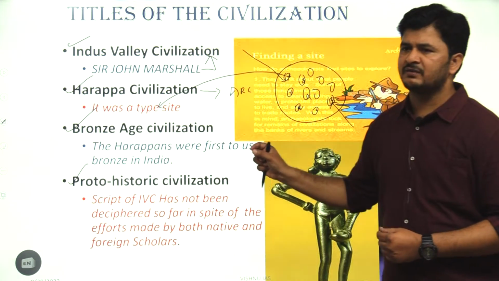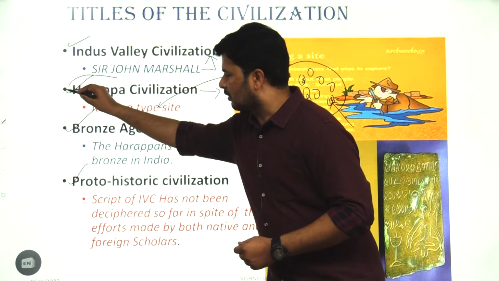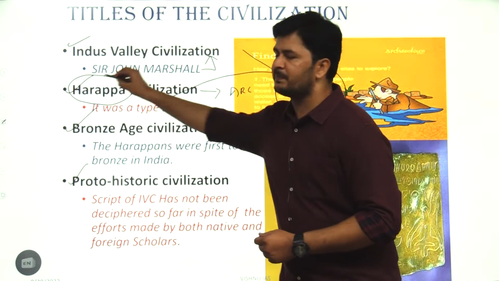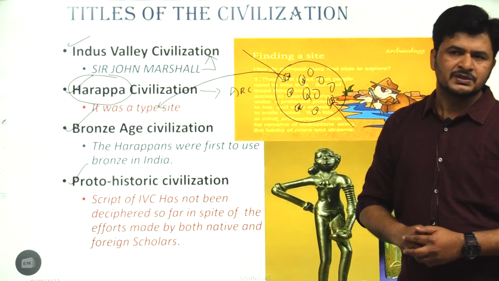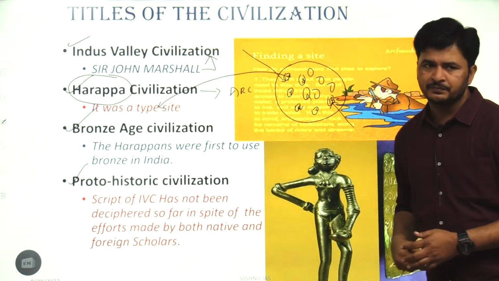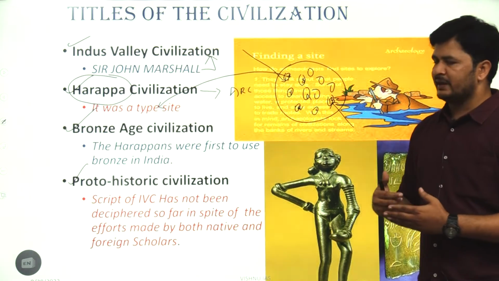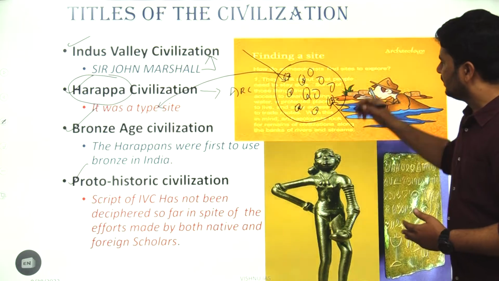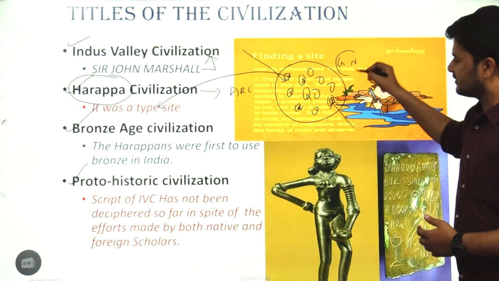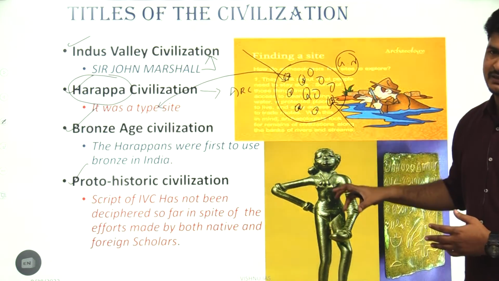Now with this background, in 1921, archaeologists under the guidance of Sir John Marshall discovered a site called Harappa for the first time. Since it was a type site, the entire civilization is named after Harappa, as simple as it is. Harappan civilization we call it. You can ask, does that mean if archaeologists had discovered Gandhinagar as the first site, they would call this the Gandhinagar civilization?